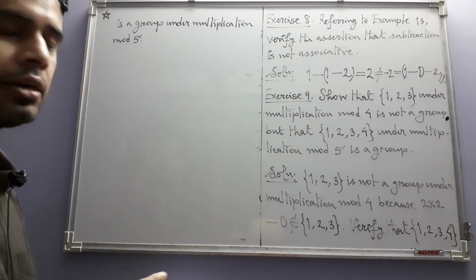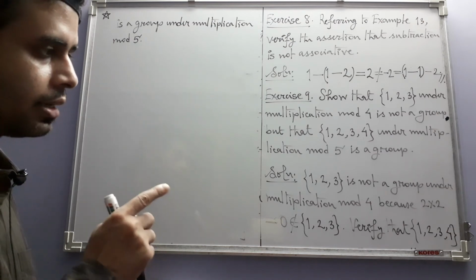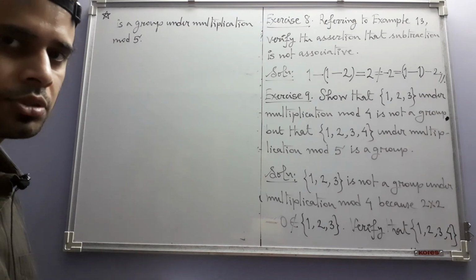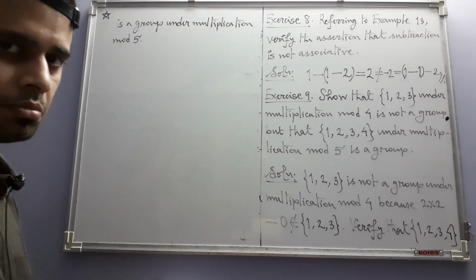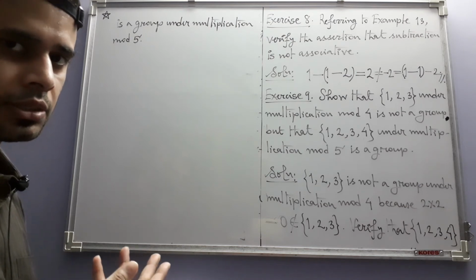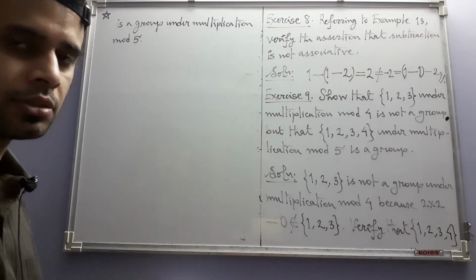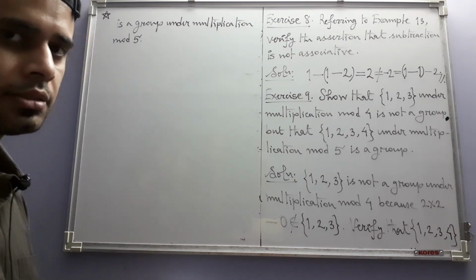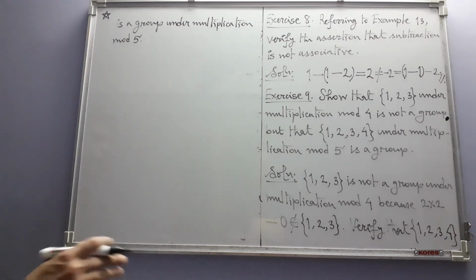So 2 and 3 are inverses of each other, and you will see that 4 is the inverse of itself, because 4 squared is 16. 16 is equal to 1 mod 5, because 16 is 5 times 3 plus 1. So you get all the inverses, and hence it's a group. You just have to write these things systematically.